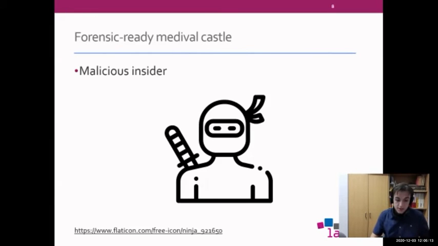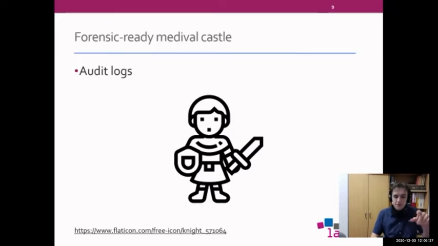Actually, there is. If there's some kind of malicious insider inside the castle walls, he can do whatever he wants. But if we employ some guards that are operating inside the walls for us, inside the systems, then we have better chances.